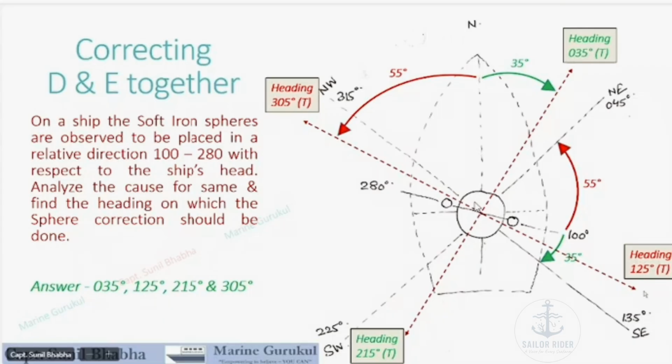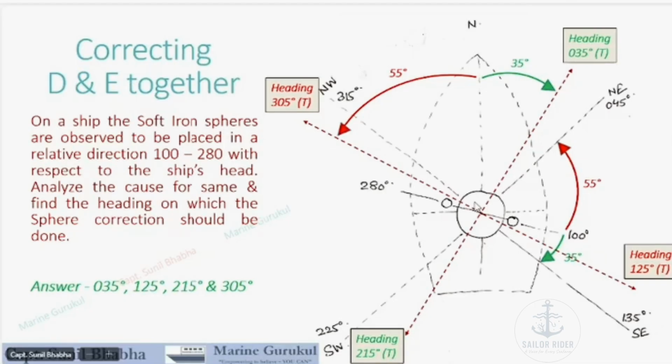Bravo correction is done by fore and aft magnets and Flinders bar. Charlie correction is done by athwartship magnets and turning the Flinders bar. Delta and echo are the two corrections which are related, the corrector for which is the sphere corrector. So whenever the question tells us about soft iron sphere, we know it has to be either delta or echo or a combination of both. Okay, sir.